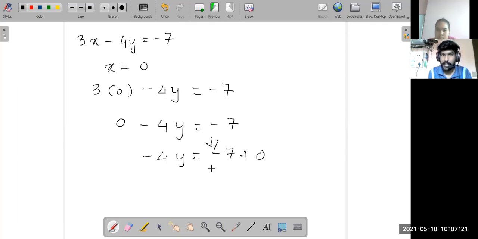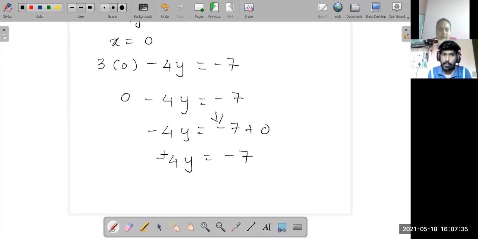Now this minus sign you missed out. You have just written 7 plus 0. So minus 4y is equal to minus 7. And so now minus cancels and y is equal to 7 upon 4. This was correct. The last step was correct. It's just that you missed out putting a minus sign here.